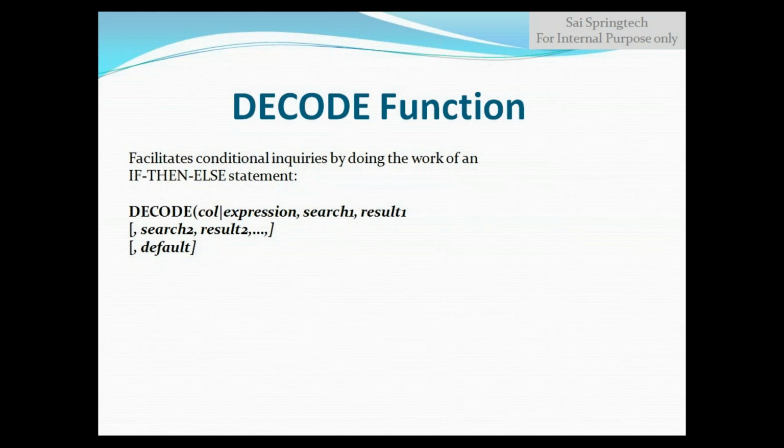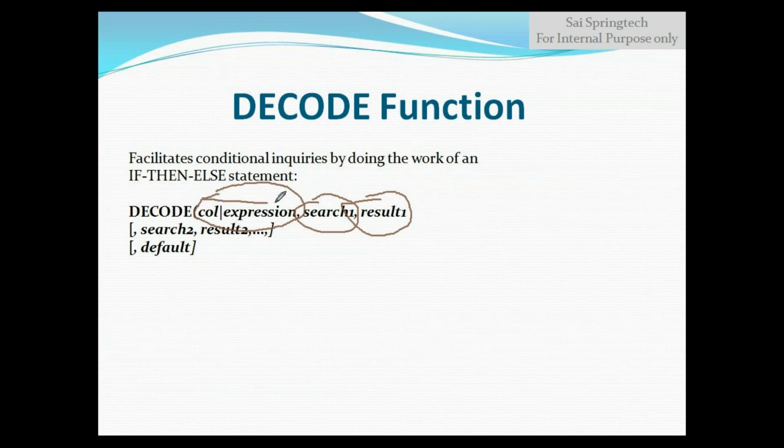How the decode function works is, it has this syntax: decode, and then the column or the expression, and then you say search one. Basically, this is again the if then else statement only, but you are saying if this is equal to search one, then do result one.